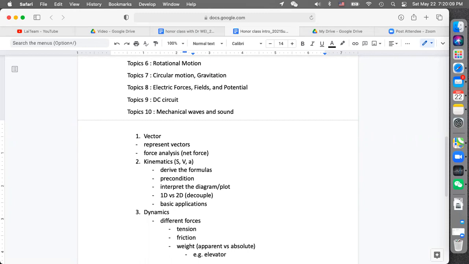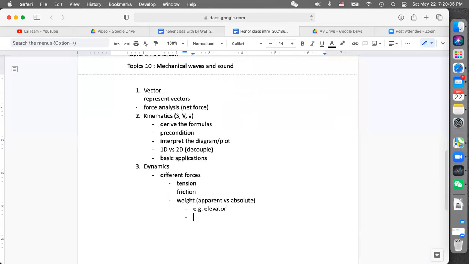So what would be the absolute weight? What would be the apparent weight? And what would those change to if the elevator accelerates upward or downward? So this is a very nice example to show we want to embed it into an example or a model. That would be better to dive in.